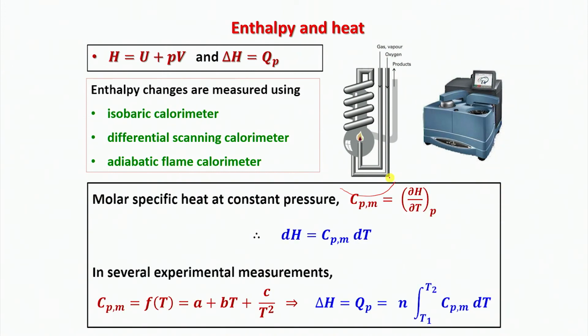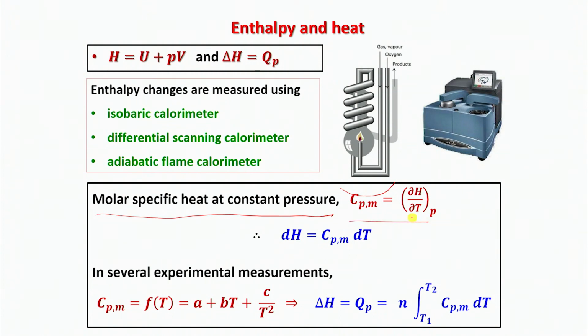Now, most of the time what happens is you do measure the property of a system called the molar specific heat at constant pressure, which by definition is given by this expression.